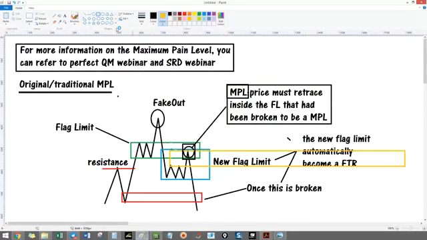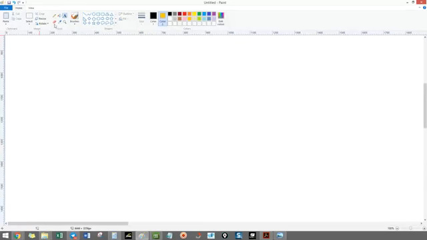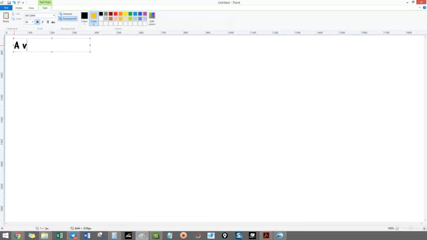I will add another thing. To know this is a valid flat limit, sometimes it needs to have an FTB.